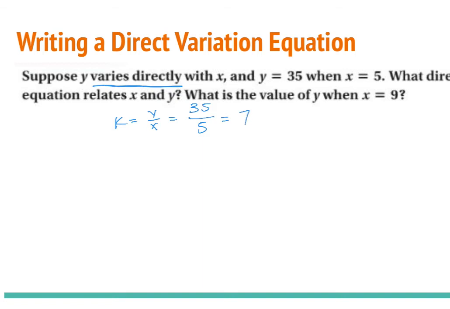So my direct variation equation is y equals 7x. What is the value of y when x equals 9? So y is going to be equal to 7 times 9, which is just 63.